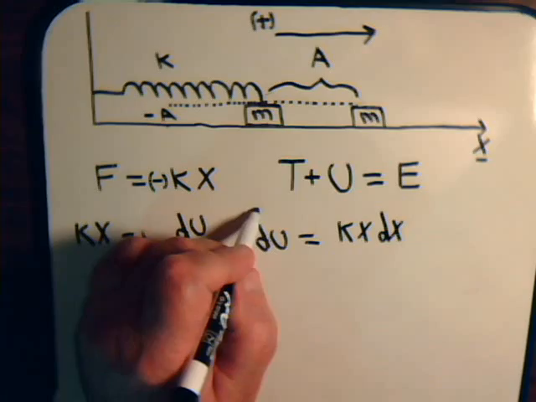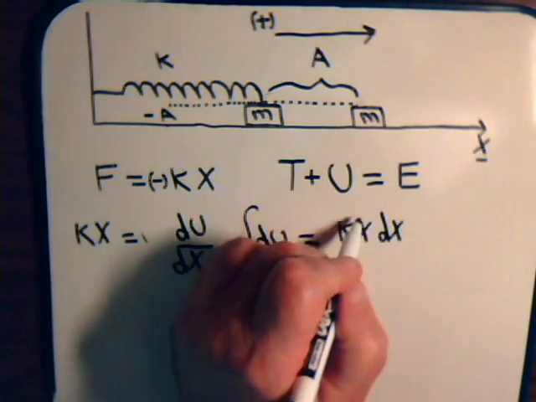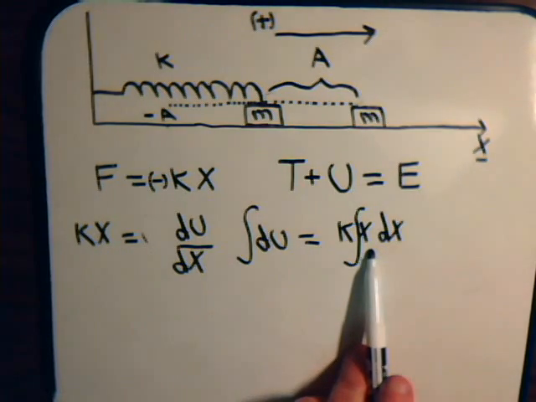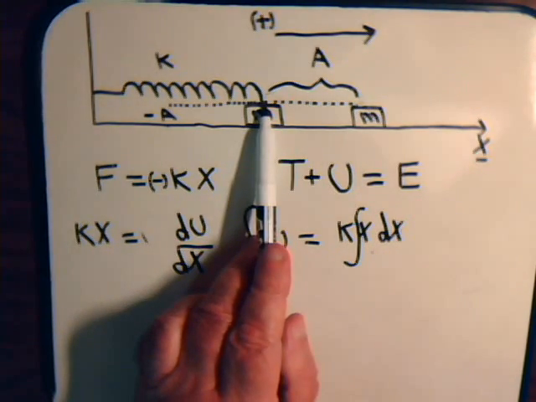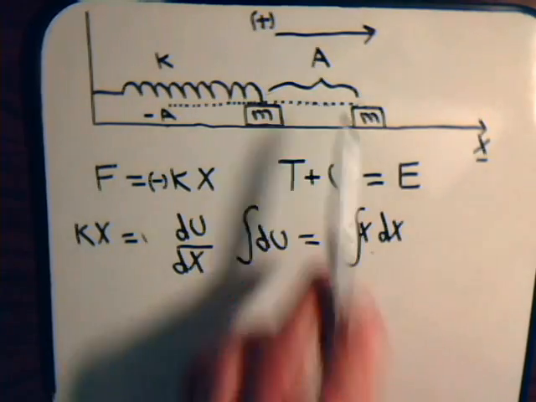If we integrate this, U is the potential energy, and k is a constant, so it comes outside of the integral. x starts at the equilibrium point and goes from 0 to whatever point of displacement we are at.